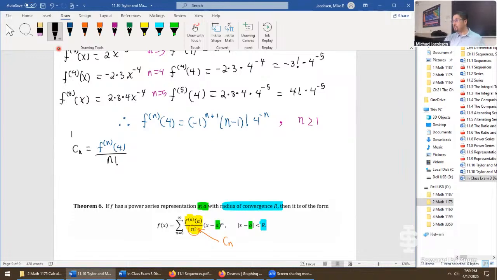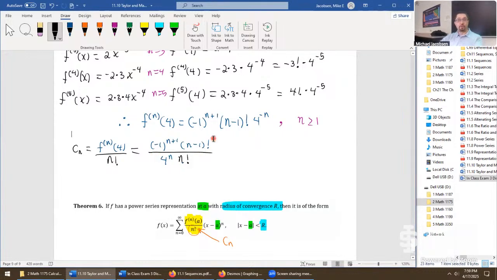So these are the coefficients. Don't forget, they only work for n greater than or equal to 1. Let's put in the numerator, negative 1 power n plus 1, n minus 1 factorial. And we can move that 4 power negative n if we're annoyed by it. This is totally up to you. I'm going to drop it down into the denominator for a positive power, and then copy in n factorial.